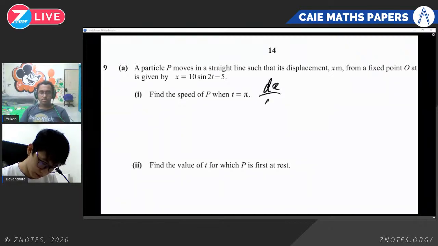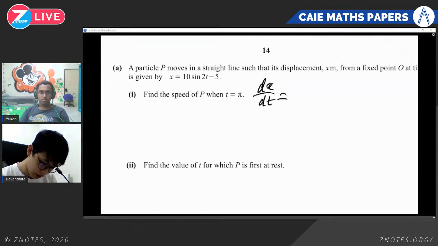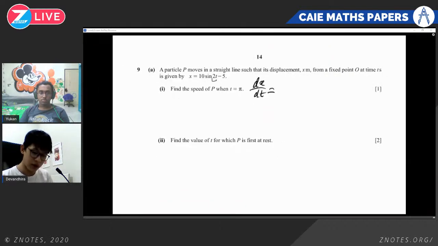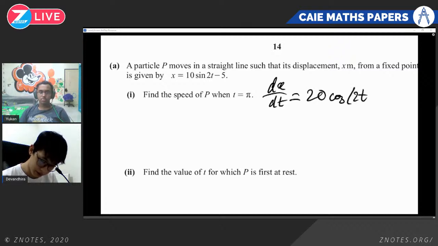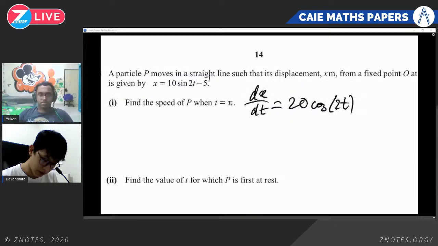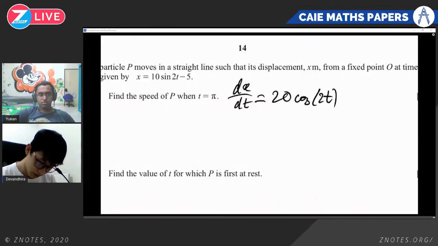dx/dt. The derivative of sine is cosine. And because there's 2t inside, we have to do the chain rule. The derivative of 2t is just 2. So 2 times 10 is 20 times cosine of 2t. And the derivative of a constant is just 0, so we're not going to write that.